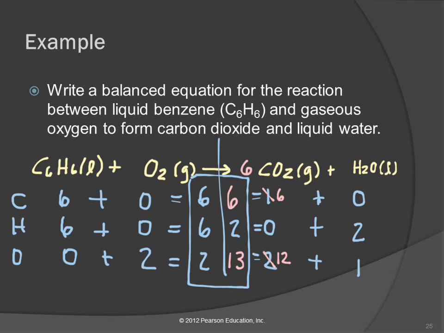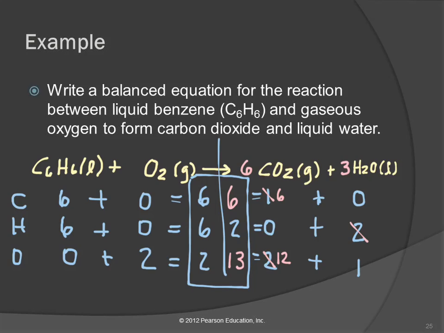But I set out to fix the carbons, and I did that. Now we need to fix the hydrogens. So I've got 6 on the left and 2 on the right. I need to do something to this guy, which is the only one that has hydrogen, in order to make there be 6. So if I multiply this by what? I need to multiply by 3. 3 times 2 is 6.